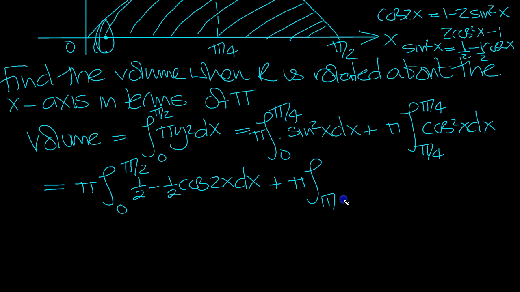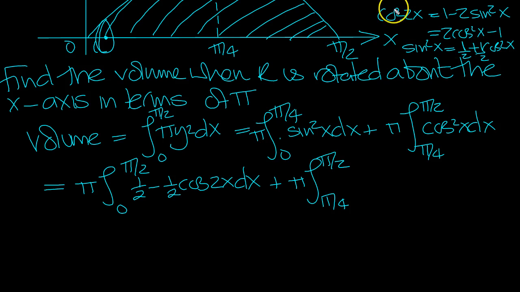Plus pi, the integral between pi over 4 and pi over 2. That should say pi over 2, of course. So let's put that in. And cos squared, well, if we look at cos squared then, here it will be 1 plus, won't it? Move the 1 over, it will be 1 plus is 2 cos squared.